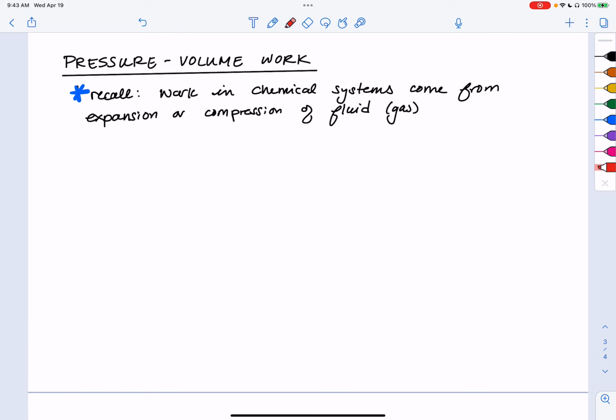As a reminder, when we're talking about chemical systems, which are molecules themselves or molecules that are reacting, thinking about actual material particles, when we look at any kind of work that could be done on a system or by a system, as mentioned earlier, the work that we're looking at in these situations is often work that comes from the expansion or compression of a fluid, typically a gas, which is why we call this pressure volume work.